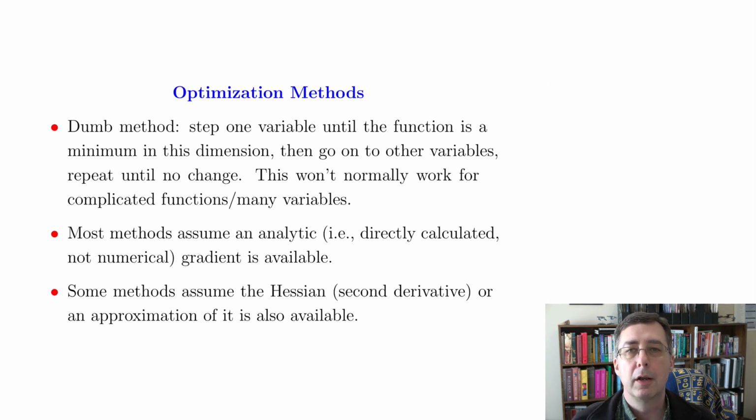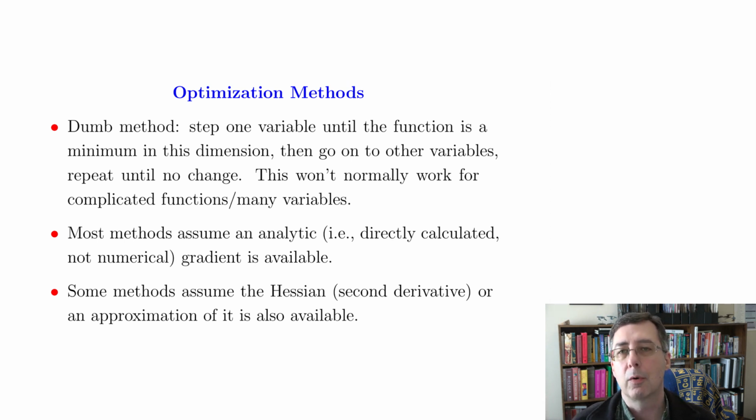Now, there are a number of methods for geometry optimization, and I'll just outline some of them briefly. The first thing that you might think of doesn't work well at all, which would be to say, well, I've got an energy that's a function of several coordinates, so what I'm going to do is just minimize in one of those coordinates, and then minimize in the next coordinate, and then minimize in the next coordinate until I've run through all the coordinates.